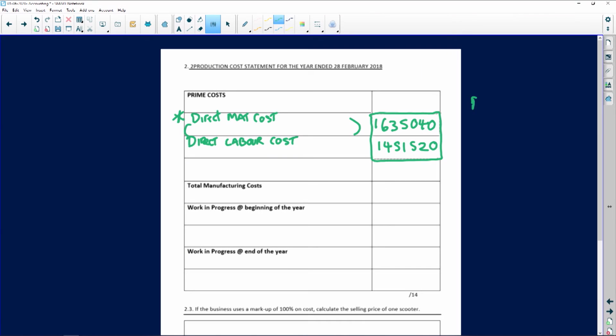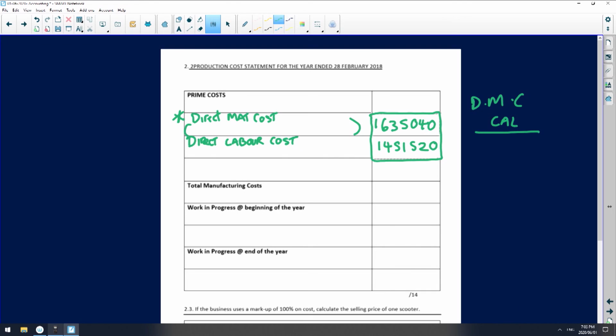If you don't have enough space, then use another paper or another sheet in your answer book, but make sure that you reference your calculation. And when I say reference, it's easy, right? You can just say direct material cost calculation, and the marker will definitely look at your calculation.